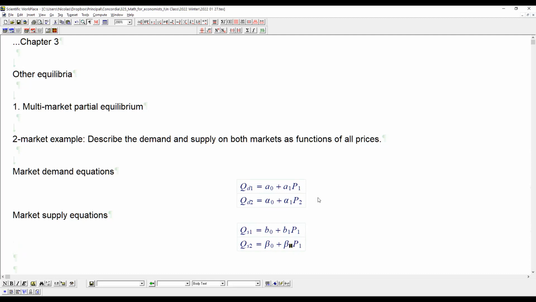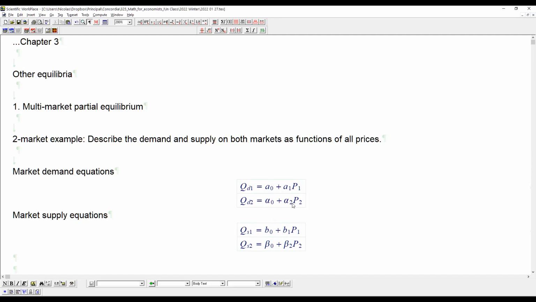And I'm going to write this beta 2 P2. So then I would have two markets, but you see that there is absolutely no interaction between the two of them, because here the quantity demanded just depends on the own price, and the quantity supplied in that market just depends on the price of that market. Same thing for the second market. The demand for the second market just depends on P2.